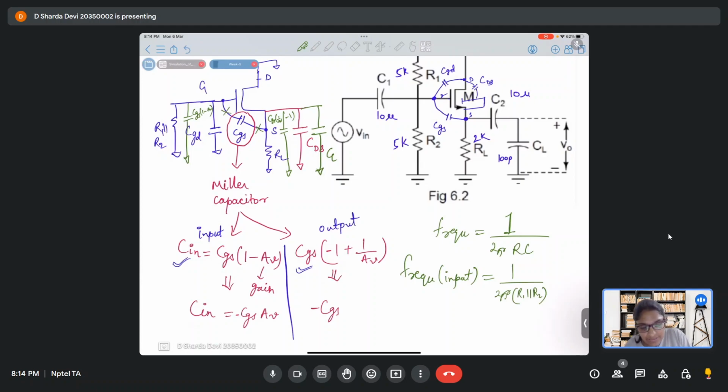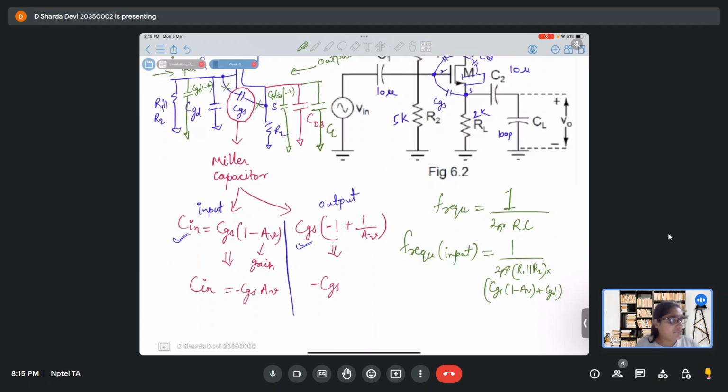This is input and this is output. So for input, 1 by 2 pi times R1 parallel R2 into C, what is our C? CGS times (1 minus AV) plus CGD. Plus, why? Because these are in parallel and capacitances get added.